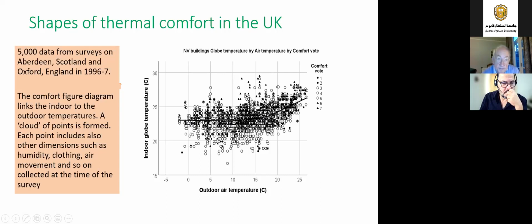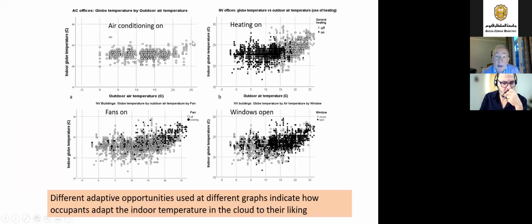Now, what we want to do really is to find out why that happens. And we can do that by doing some graphs. Here, this is the air-conditioned buildings. These other things are naturally ventilated buildings.